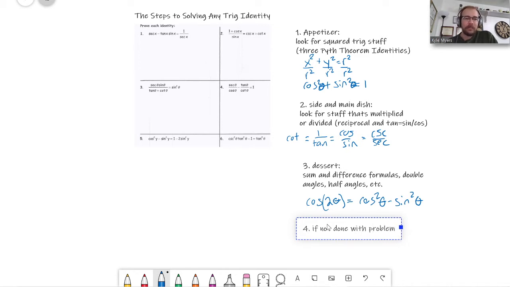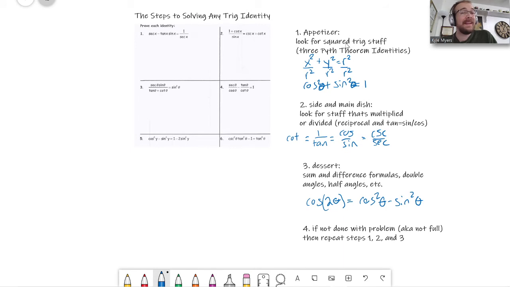If not done with problem, aka you're not full, then repeat steps 1, 2, and 3. You just kind of rinse and repeat. And you just keep doing that until you're done.